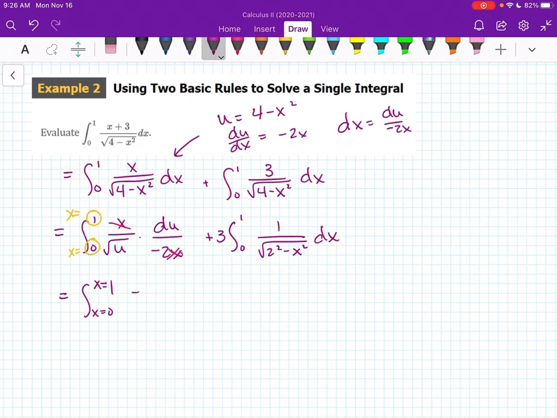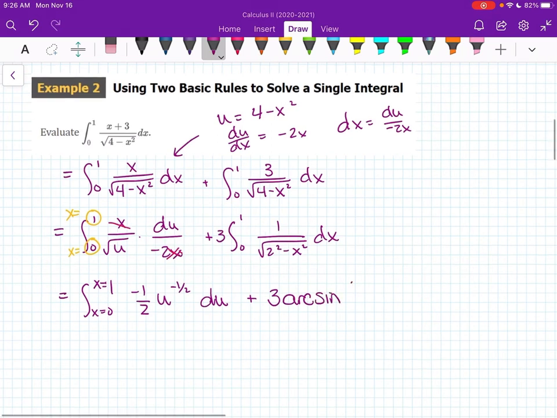And we have negative 1/2 of u to the negative 1/2 du. And then over here, I have that arc sine, so I have 3 times the arc sine of x over 2, evaluated from 0 to 1.